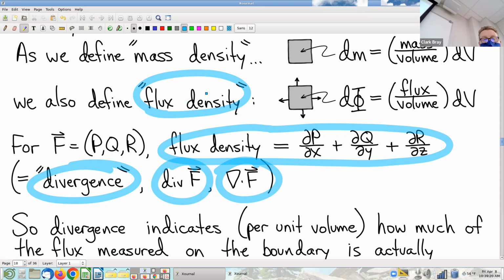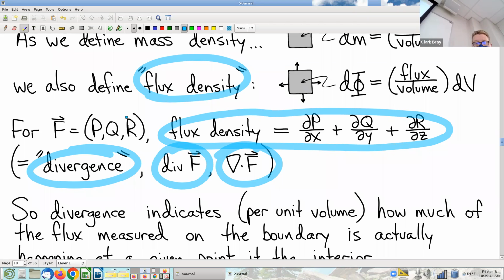So make sure you're comfortable thinking about these interchangeably. Sometimes the theorem that we're working up to is stated with that, and sometimes with that, but it's the same theorem. Likewise, sometimes it's interpreted as an integral of flux density. Same thing.